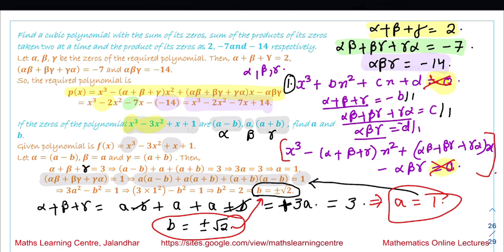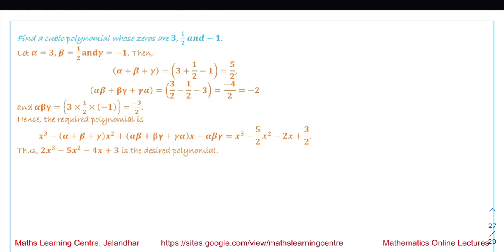Next is, find a cubic polynomial whose zeros are 3, 1 by 2 and minus 1. We have already seen the formula in our previous question: the required polynomial will be x cube minus (alpha plus beta plus gamma) times x square, where this is the sum of the roots, plus the sum of the roots taken 2 at a time times x, minus the product of the roots.